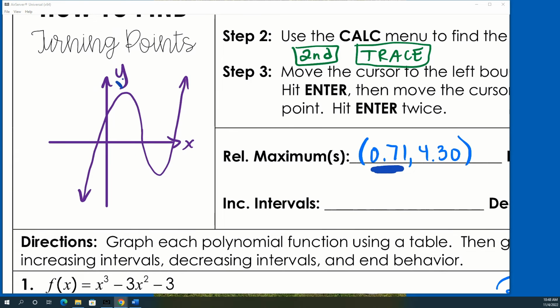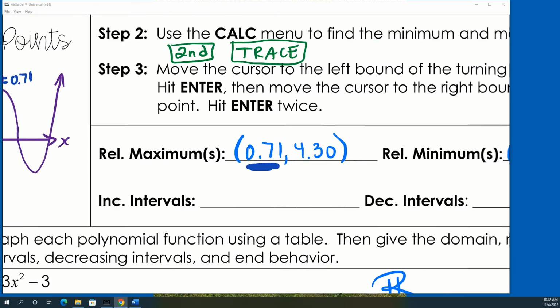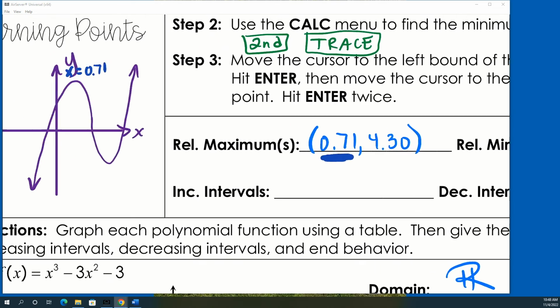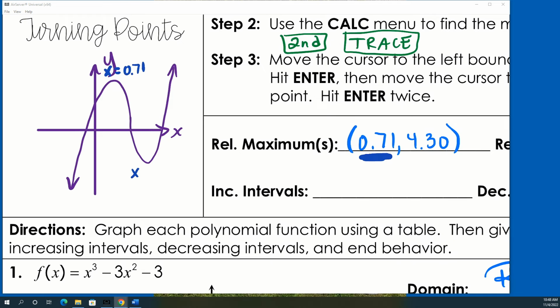I'm going to say that x is equal to 0.71. All right. And then I also know the x at my minimum is 3.29. So I'm going to put that there too. All right.